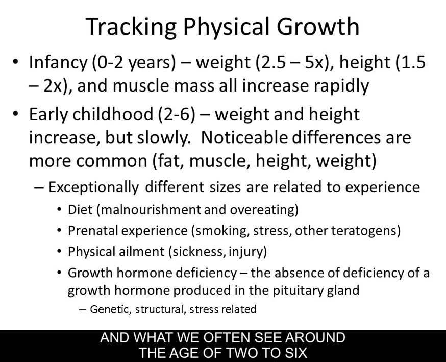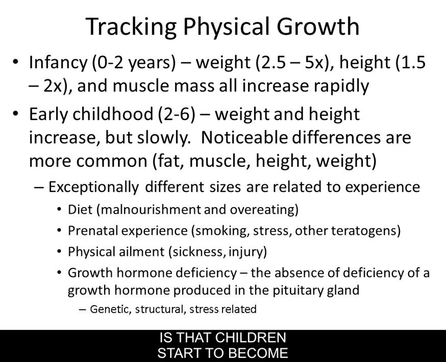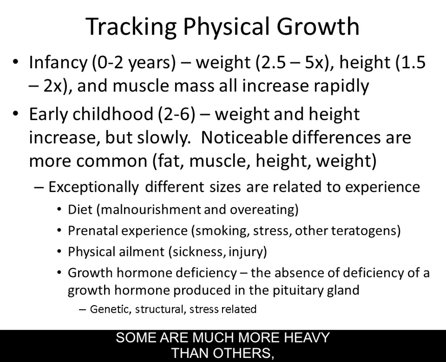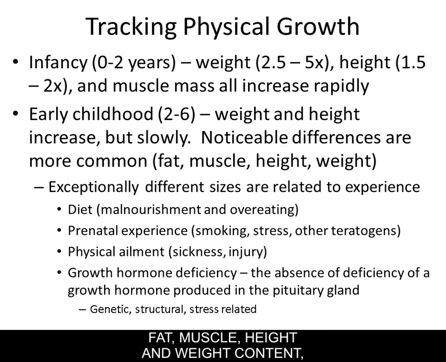And what we often see around the age of 2 to 6 is that children start to become very differentiated from each other. So some children are much taller than others, some are much heavier than others, some are much skinnier. And all of these variations in fat, muscle, height, and weight content are a product of the environment, a product of what the child experiences.